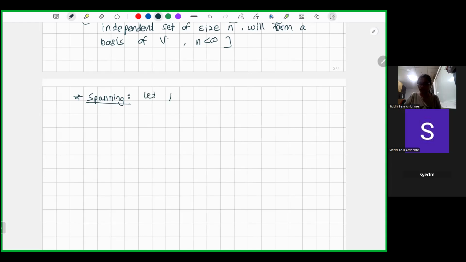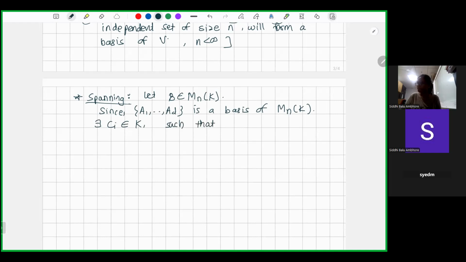So suppose B is in M_n(K). Since A1 to AD is a basis of M_n(K), again there exist ci in K such that, since B is in M_n(K), then B transpose is also in M_n(K), right?